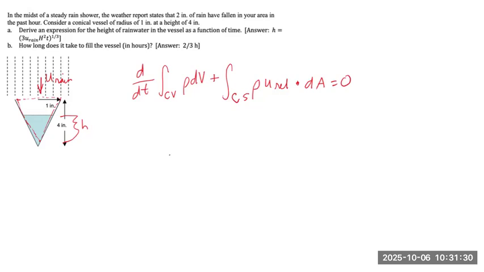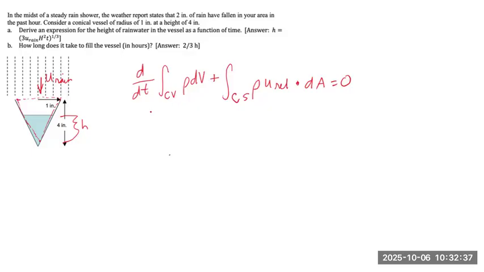We have to find what each of these integrals are. As you see over here, for the control surface, we have this top, and the rain is falling through that top, that area of the top. The u rain is the u relative, and rho is the density of water.